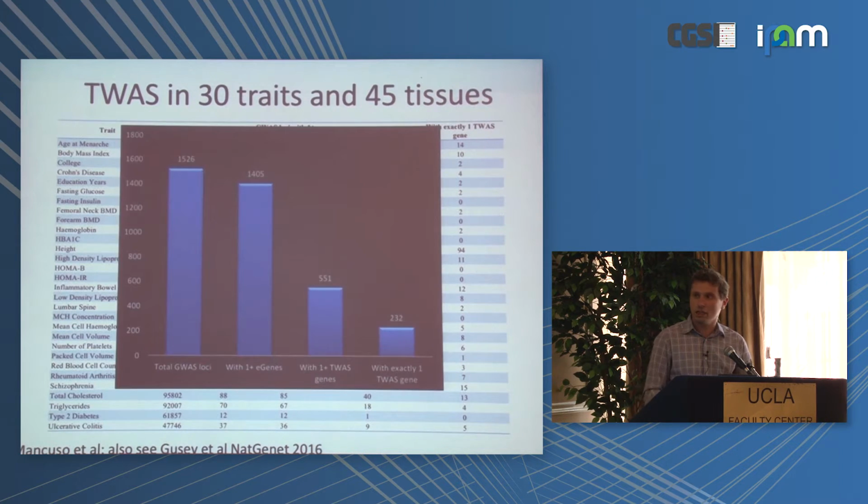And the way these numbers break down is the following. If you look at only the GWAS reported loci, here in this data set we had like 1,500. Most of them would have a gene that's significantly associated with some genetic variant. So that's what the E gene is: a gene that is genetically controlled by some genetic variants. But most of those genes are not really associated to traits.